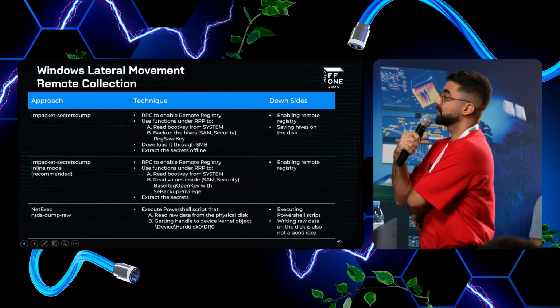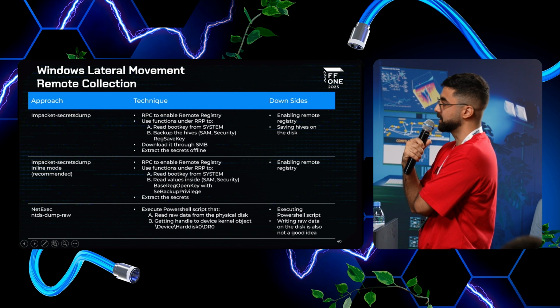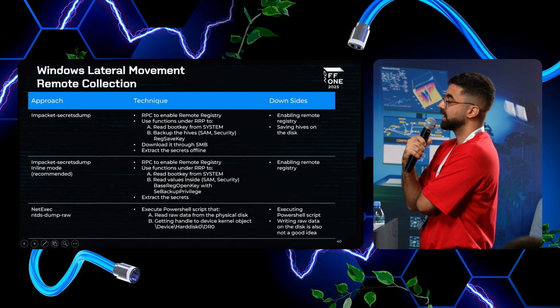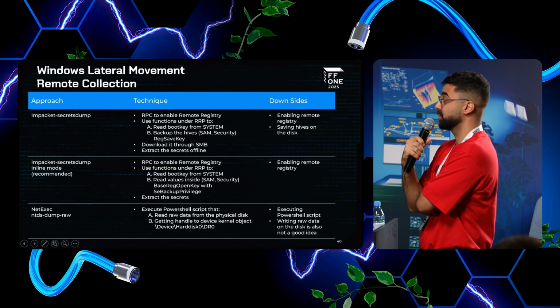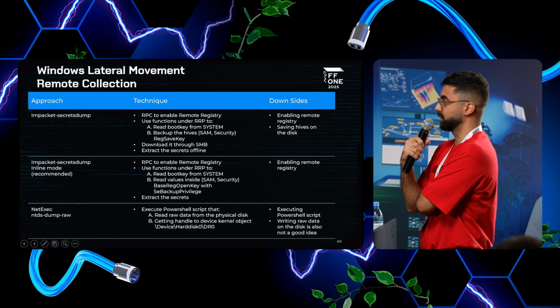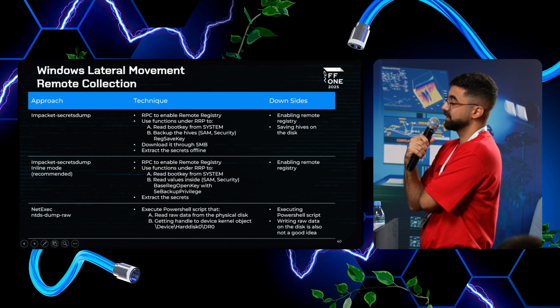In remote collection, I think most pen testers use Impacket secretsdump, the usual way. What's happening under the hood inside Impacket secretsdump? There is an RPC interface that allows you to interact with the protocol called the Remote Registry protocol, and under it there are normal functions that emulate the usual Windows API.